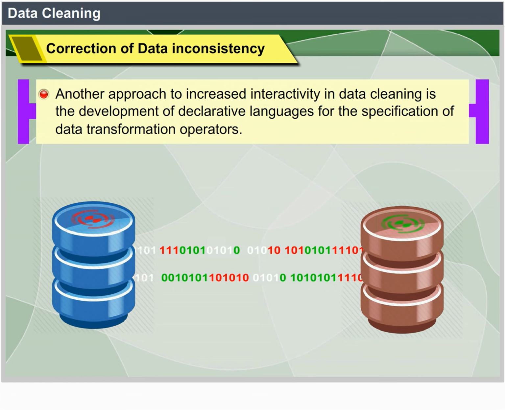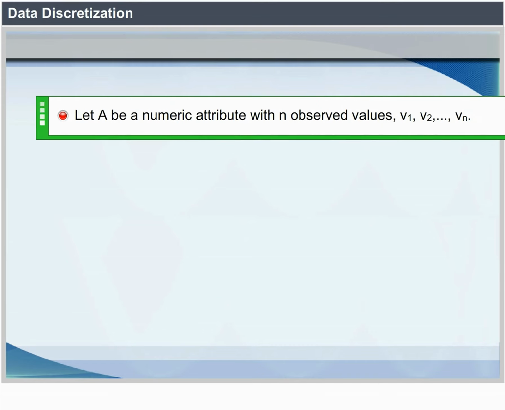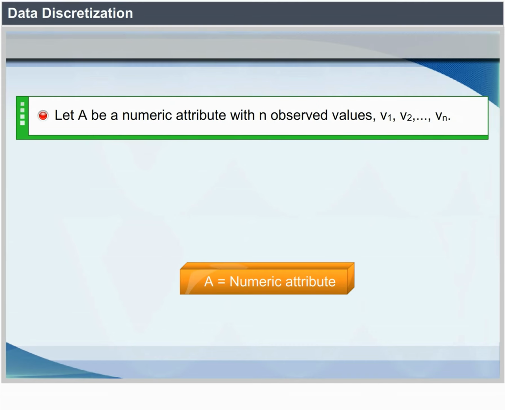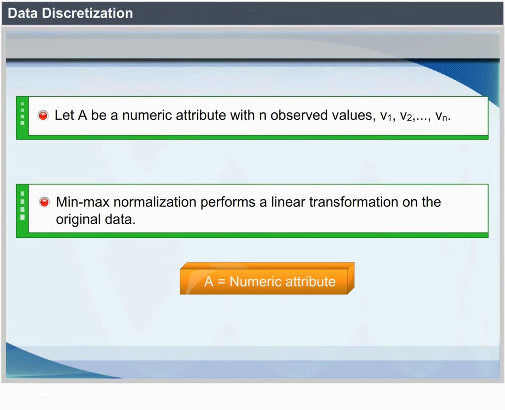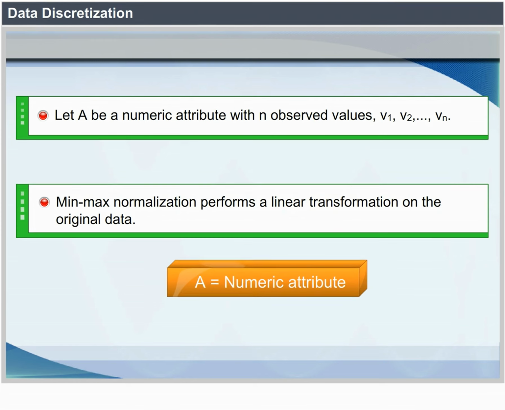Data discretization. Let A be a numeric attribute with n observed values, v1 up to vn. Min-max normalization performs a linear transformation on the original data.